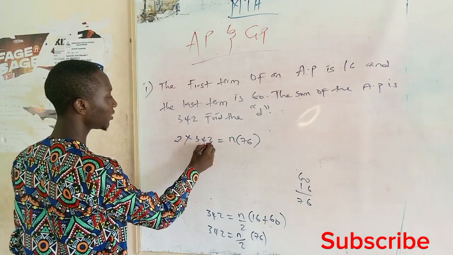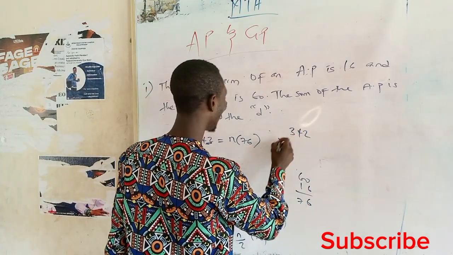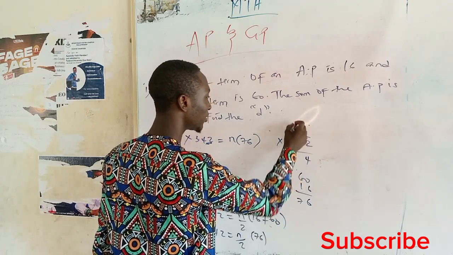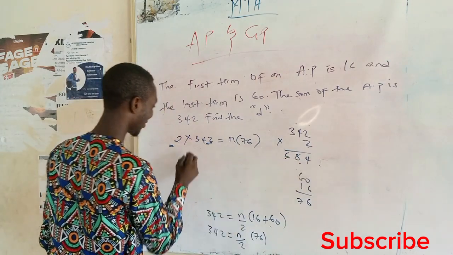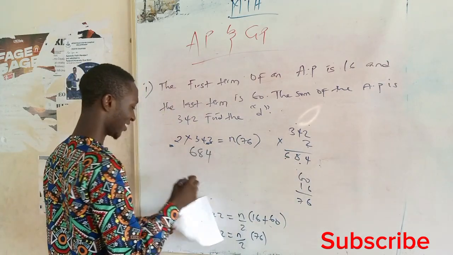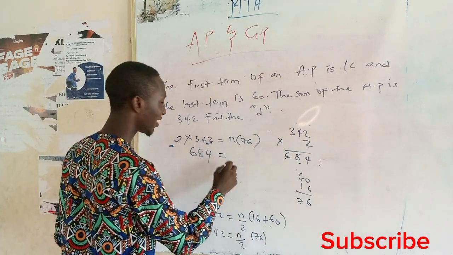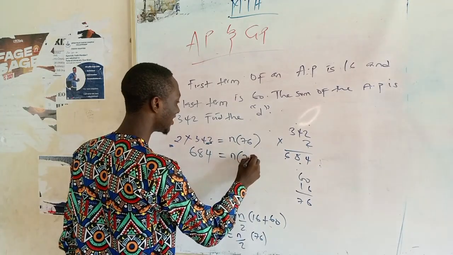So 342 times 2: 2 times 2, 4, 2 times 4, 8, 2 times 3, 6, so 684. 684 equals n times 76.